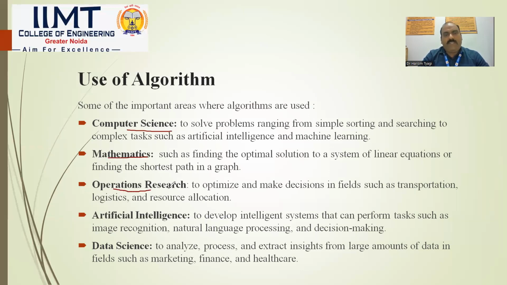After that, in the operation research field, to optimize and make decisions in fields such as transportation, logistics, and resource allocation. All are problems we solve in the operation research field. After that, algorithms are used in artificial intelligence to develop intelligent systems that can perform tasks such as image recognition, natural language processing, and decision making.